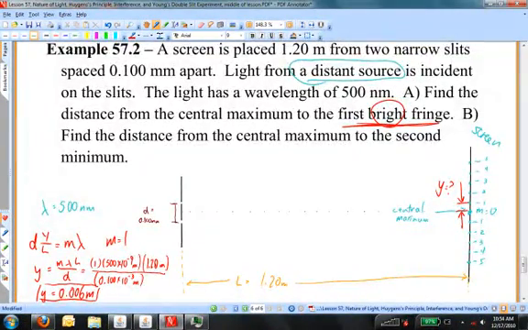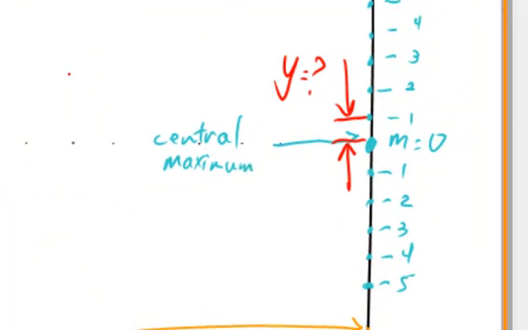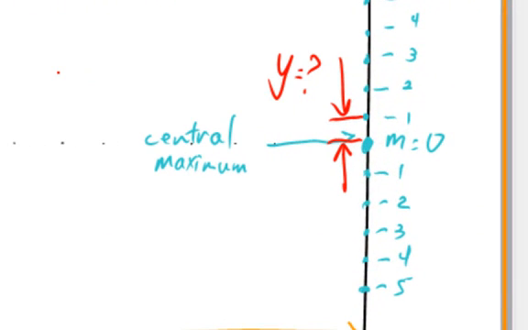Now part B says find the distance from the central maximum to the second minimum. Now let's think about what we are looking at here in the second minimum. The minima are the dark spots that are halfway in between the bright fringes.